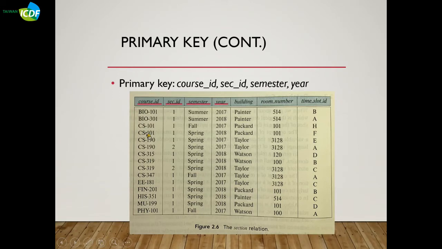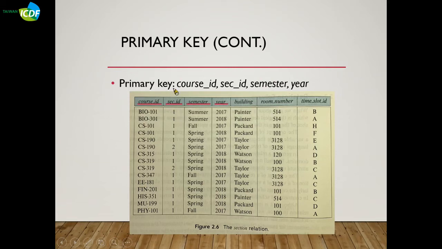In these situations, we have to try the combination of more attributes, and with this unique combination we can find a unique tuple.